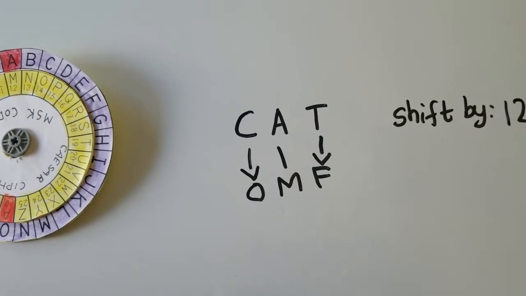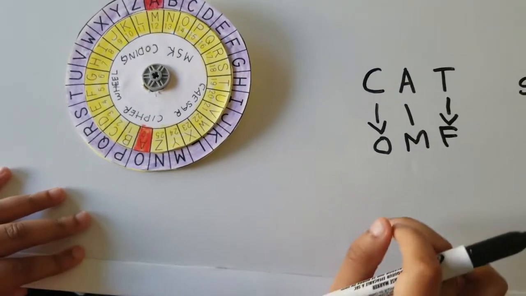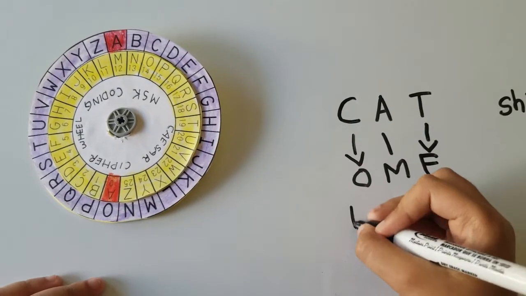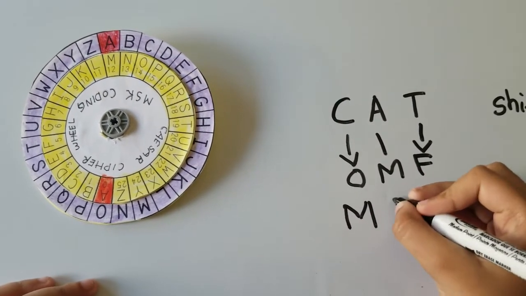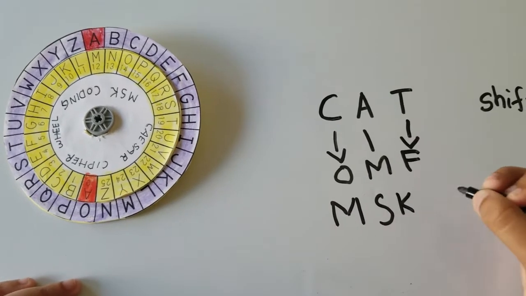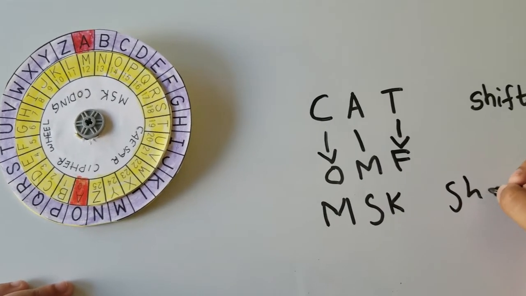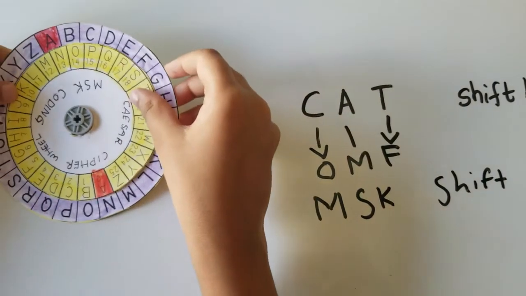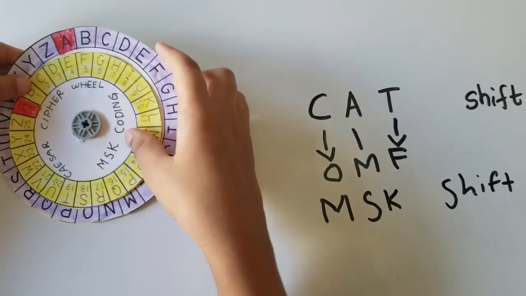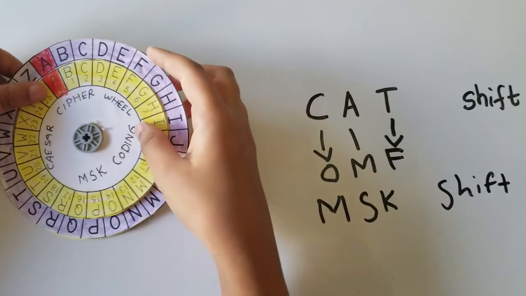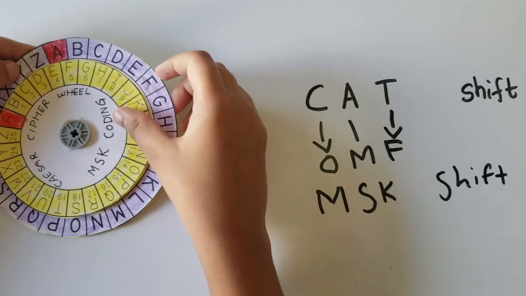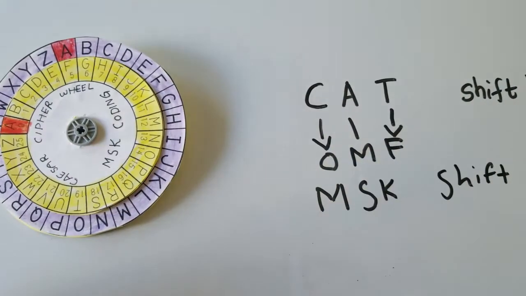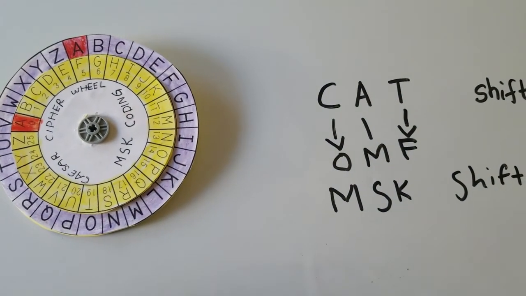Let's put another word. How about MSK for MSK coding? And we're shifting by, let's say, 5 for the letter F. F moves all the way to A, and we start our encoding.